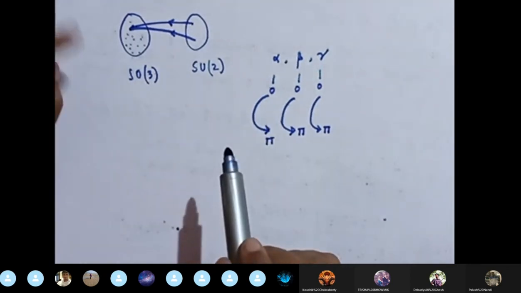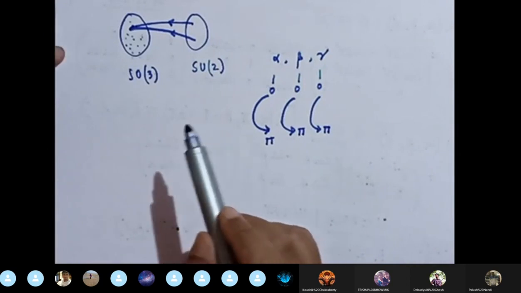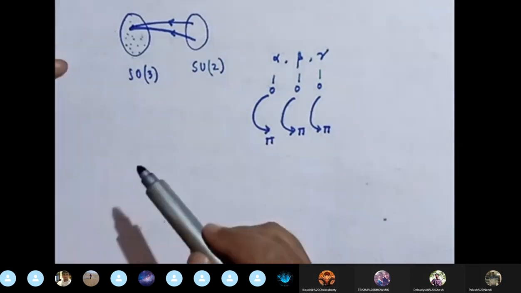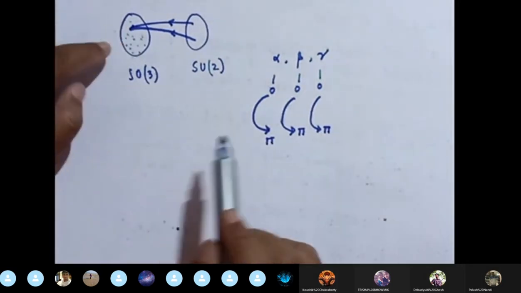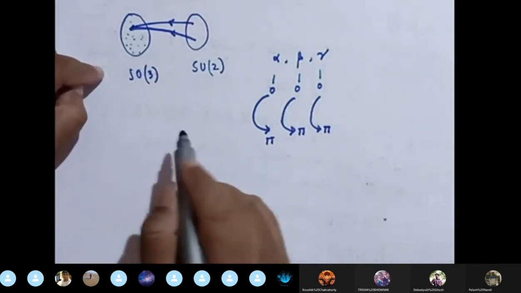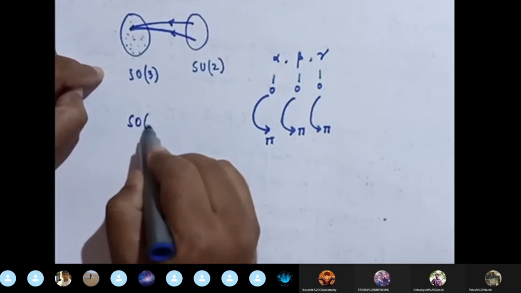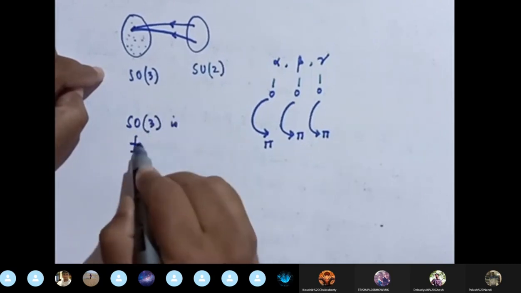So cos 2 alpha, cos 2 beta, cos 2 gamma vary continually from 1 to 0, and again to 1. Therefore all the elements of the group SO3 are fully generated by this variation.